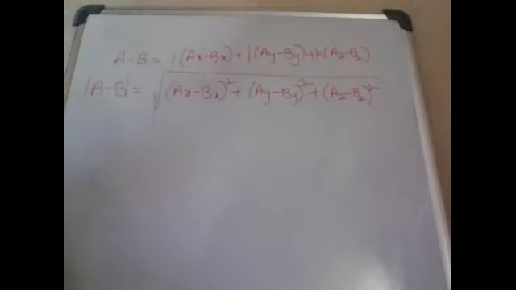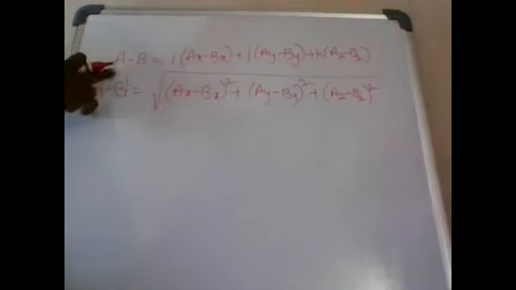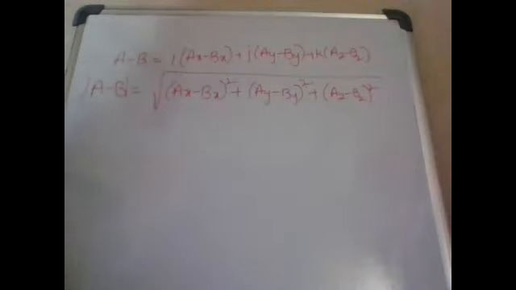From addition in component method, we can write subtraction also. A minus B equal to i into A suffix x minus B suffix x plus j into A suffix y minus B suffix y plus k into A suffix z minus B suffix z.